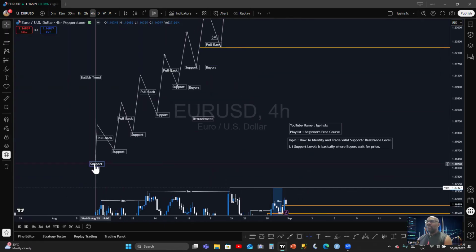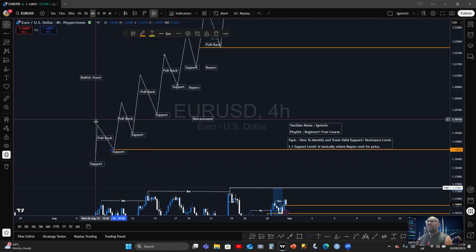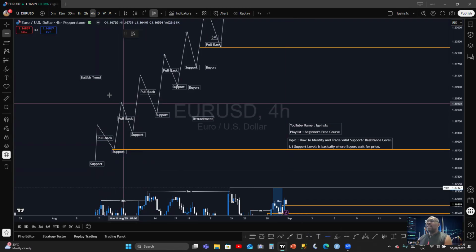So from this support level, price will push, create a resistance, come back, create a support. This is where you wait for the price. As it creates a high, let the price come back, creating a support level. You enter from here as a buyer, push the price up. And as it's coming down, once it gives you a sign that it has already created a new high, giving us a new price, you wait for price here.